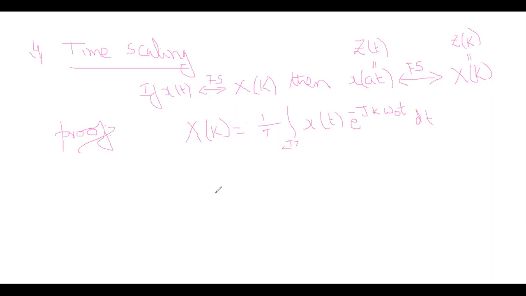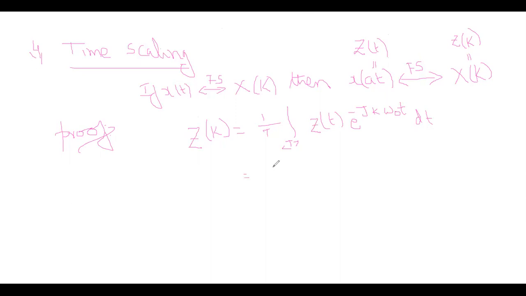Okay, my dear students. Now I am replacing the x of t. Here it is not the x, and a little bit of confusion will arise, so I am taking only the z. So z of k is equal to, and it is a z of t. What they are saying: take z of t as x of at.